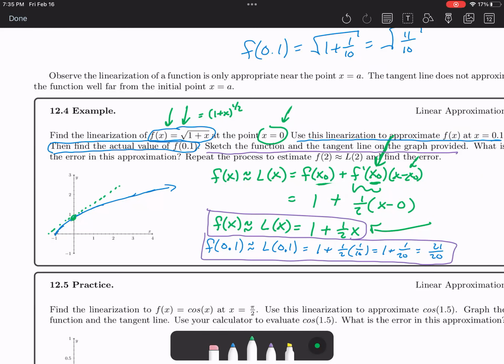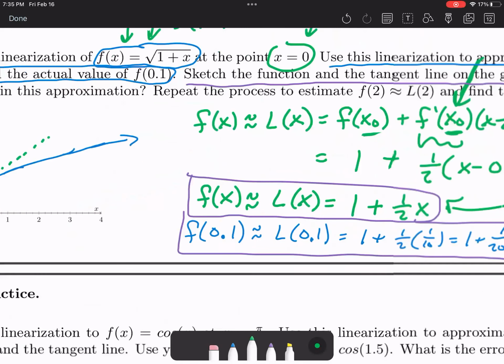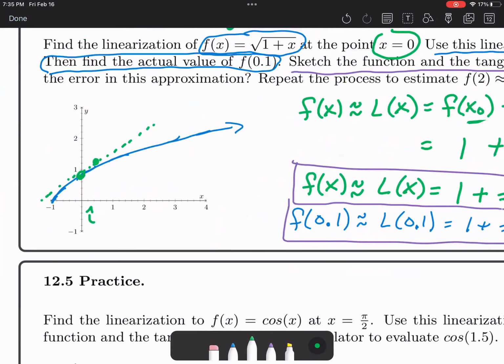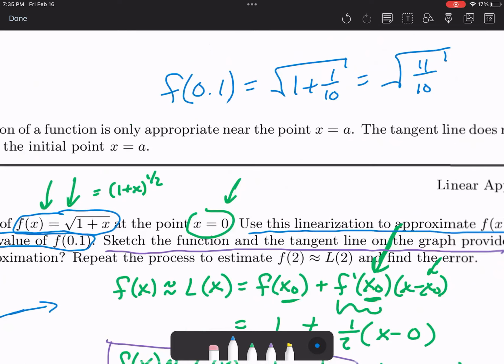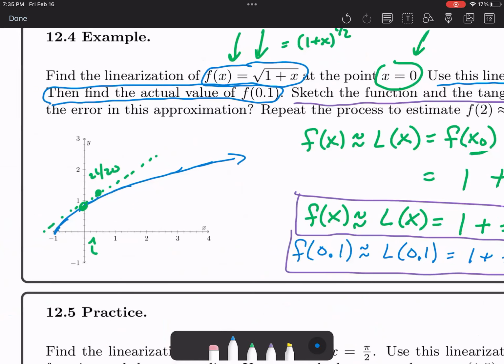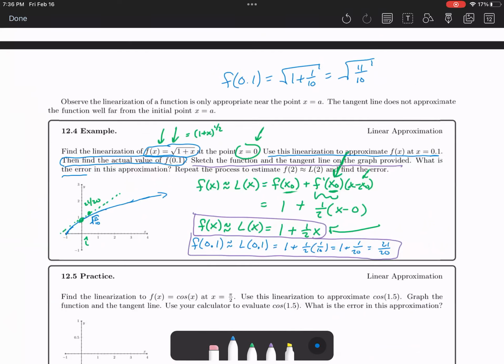And we said that the value of our tangent line here at 0.1 was, what did we say? 21 over 20. And the actual value of the function was square root 11 over 10. Okay, now we can ask, what is the error in the approximation?